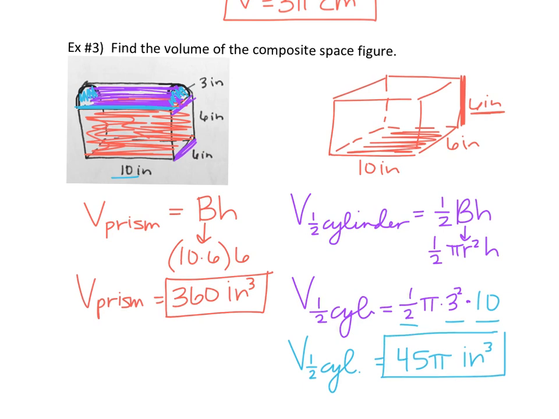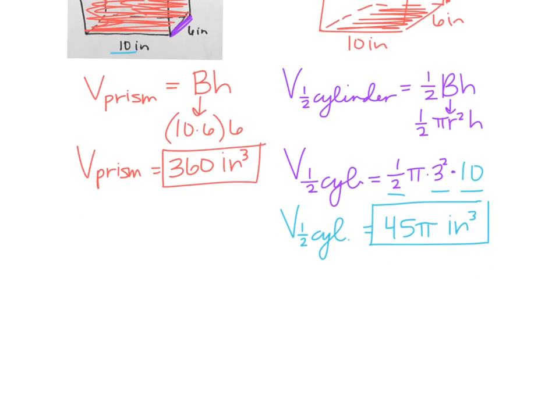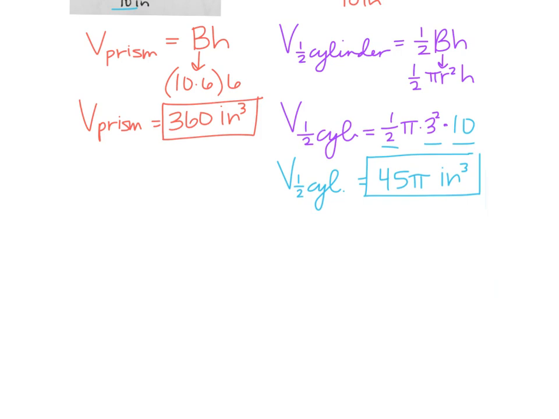The question is, what's the volume of the composite space figure? What's the volume of the whole thing, okay? Composite space figure just means you're putting two things together. So the volume of this figure is going to be 360 plus 45 pi.